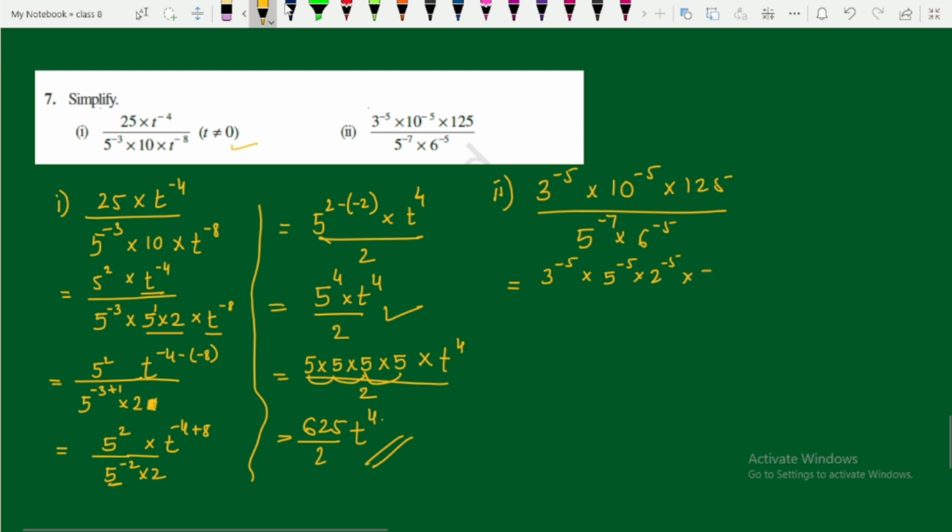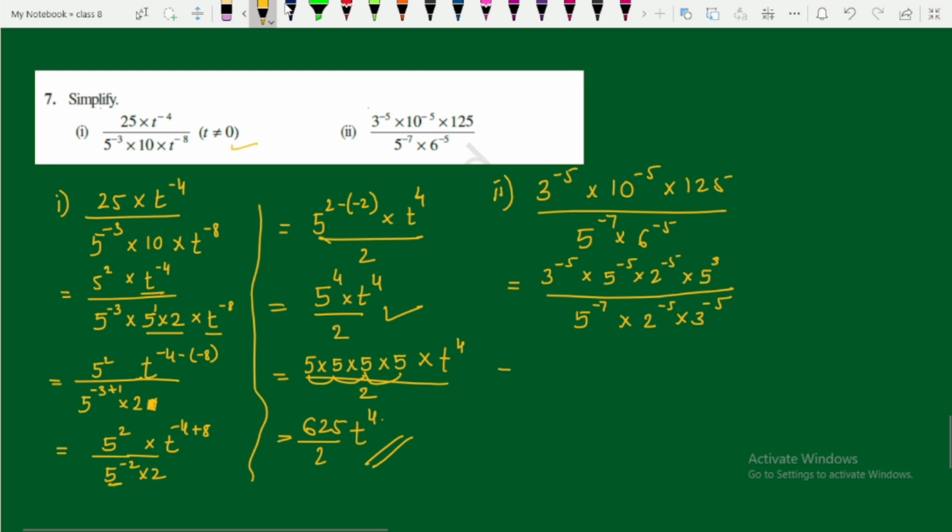And this 125 we can write as 5 cube, divided by 5 raised to minus 7 into 6 raised to minus 5, and 6 we can write as 2 into 3, so 2 raised to minus 5 and 3 raised to minus 5. Okay, in this way you can split and write the numbers.